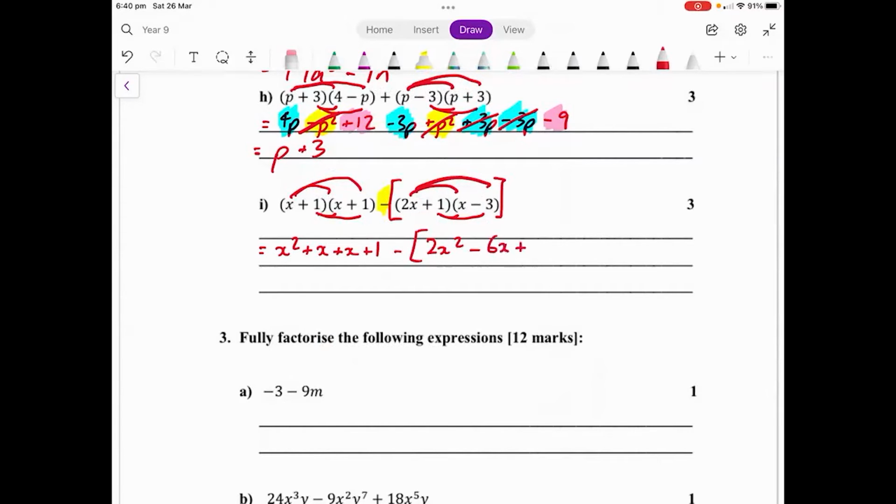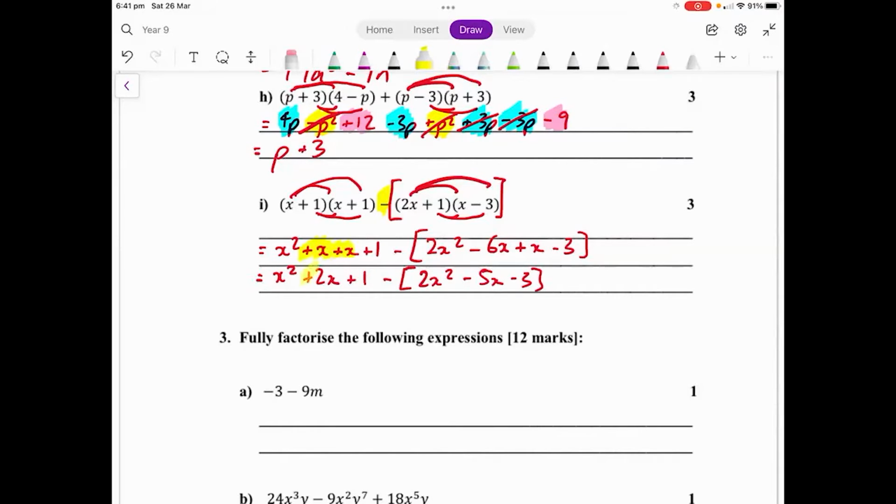Then I'm going to combine the x plus x at the start of that question, and I get x squared plus 2x plus 1 for the beginning half. For the second half, I'm going to combine the minus 6x plus x, so I get 2x squared minus 5x minus 3 inside those brackets. I still leave the brackets there.